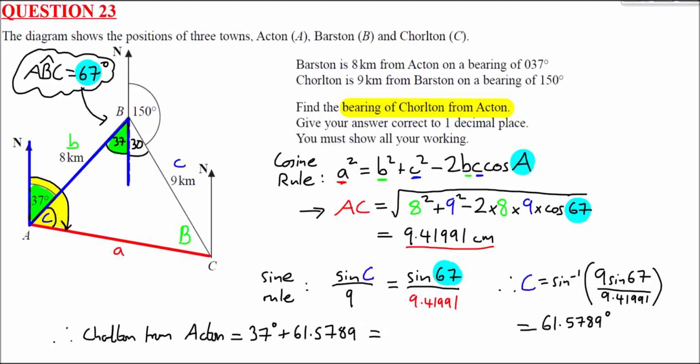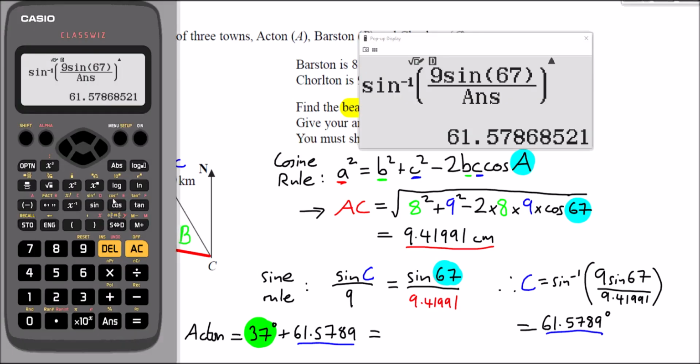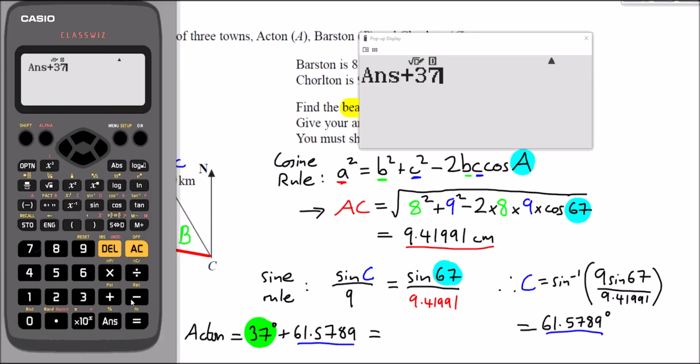It's 37 because of this one, and the 61.5789 comes from the fact that's angle C, which is this one. So the angle I've just got, all I need to do is add 37 onto it.